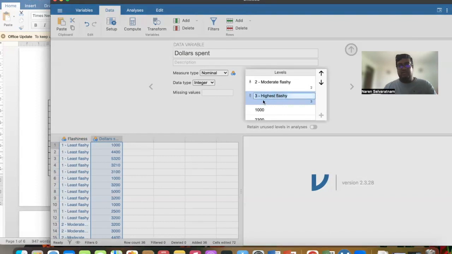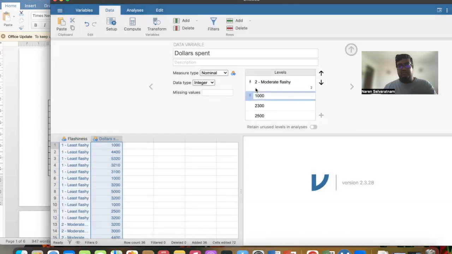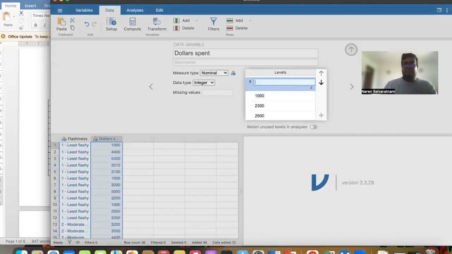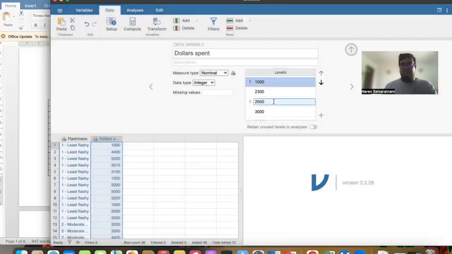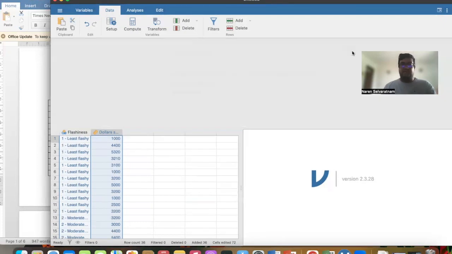We don't need these guys. Okay, that is removed. So these are just data of people, how they have spent. So I'm going to just consider it as continuous because it's not a categorical variable.